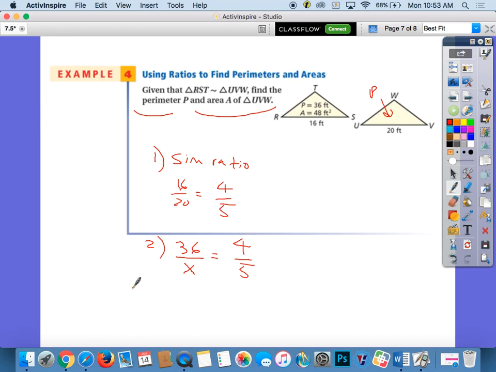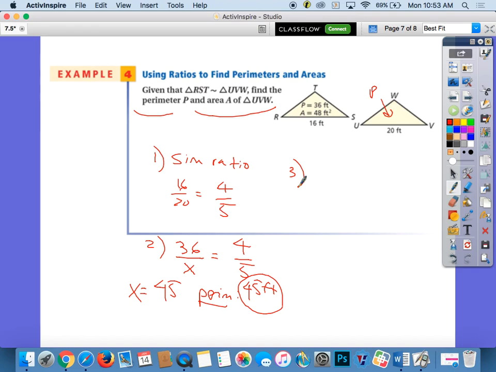Cross multiply, simplify, and you get x equals 45, okay? So the perimeter of this triangle here is going to be 45 feet. This is your final answer, guys, because again, 36 over 45 simplifies to 4 over 5, which is our similarity ratio and the ratio of perimeters.